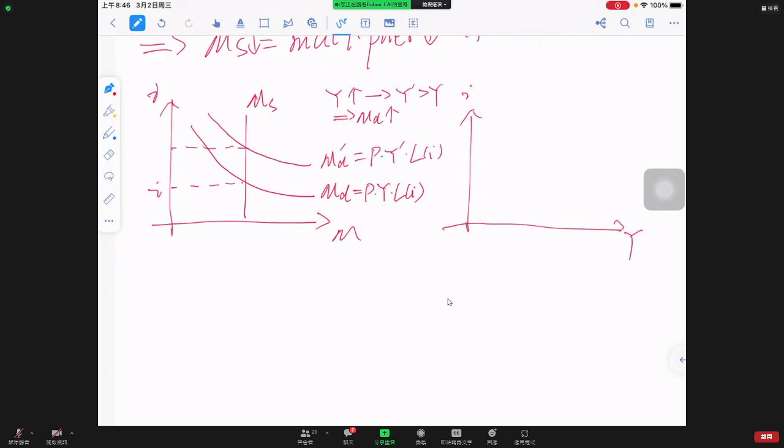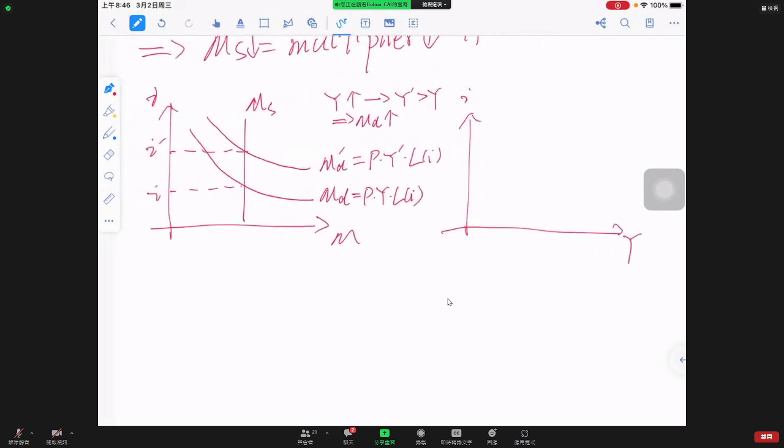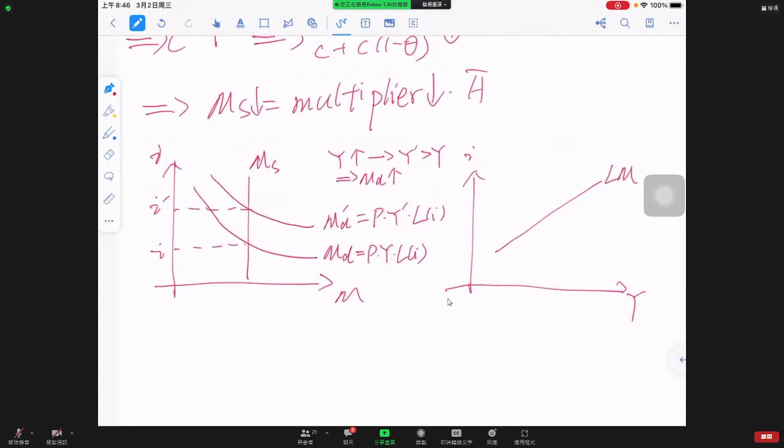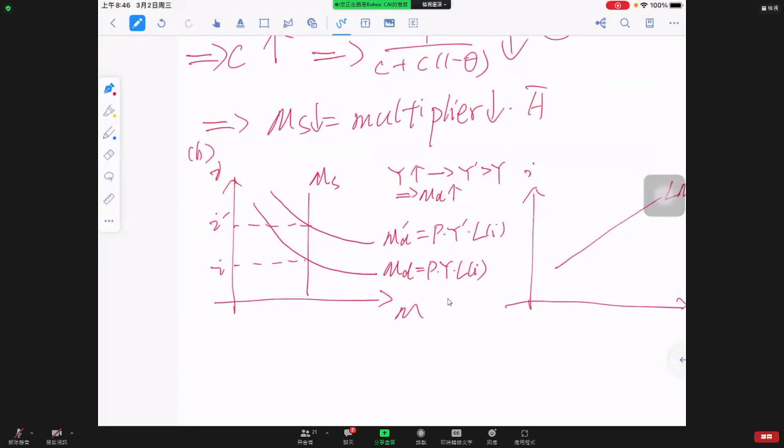And then the equilibrium interest rate will be higher. So the relationship is clear. A higher Y will lead to a higher interest rate I, right? So the curve is like this. An upward sloping curve is an LM curve. And then let's go back to the question. Question B.